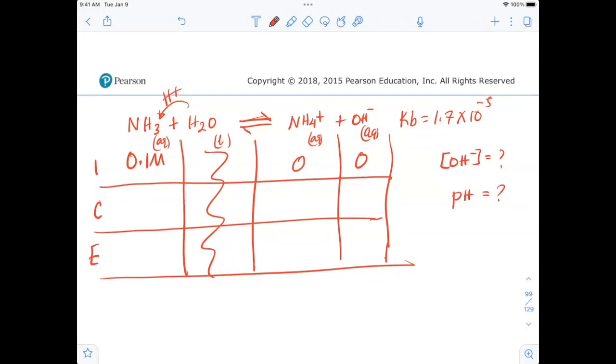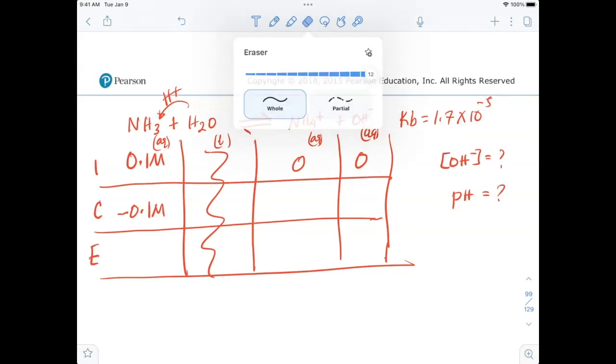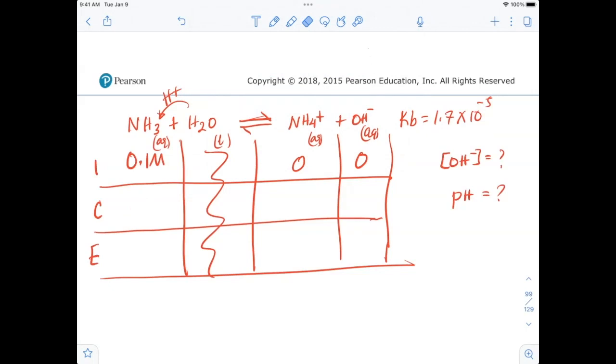This is not a strong base, so we cannot put 0.1 molar. The Kb communicates to us it's a weak base. So you cannot just put minus 0.1. We actually don't know how much reacts, right? For right now, we don't know. We'll figure it out using the Kb. So we'll write here x, and x will be a placeholder until we figure out what x is.